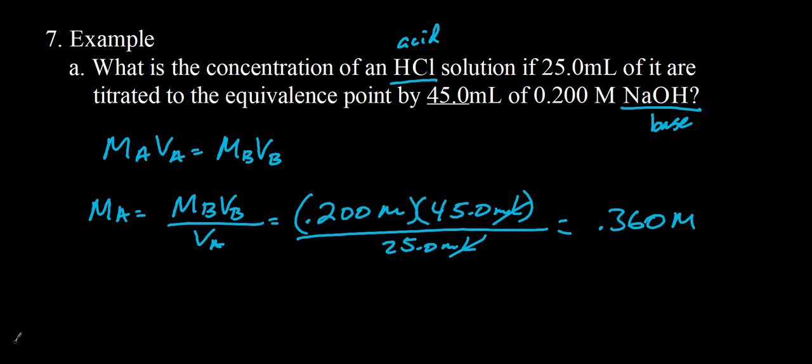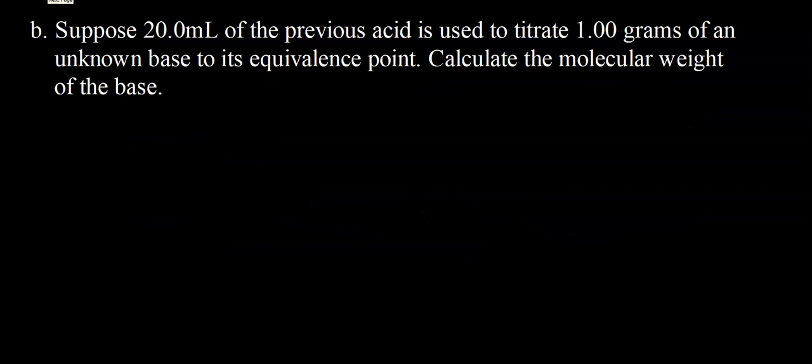All right, now we're going to use that for our next problem. Suppose 20.0 milliliters of the previous acid, so we're talking about the 0.36 molar HCl, is used to titrate 1.00 grams of an unknown base to its equivalence point. Now it's not written here, but we'll assume that this reaction occurs in a 1-to-1 ratio.